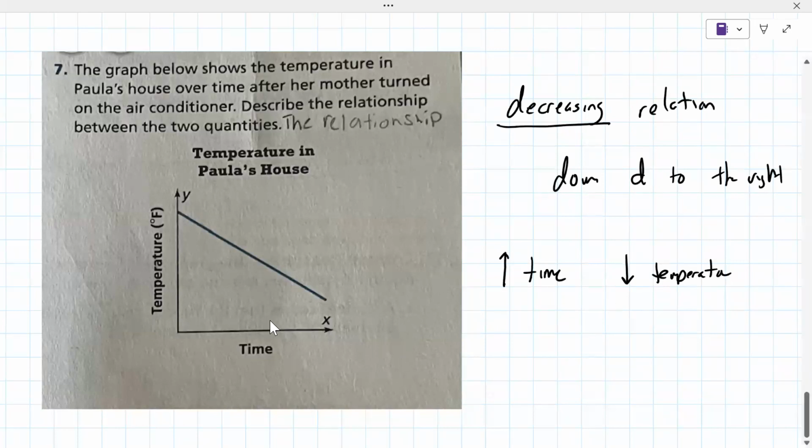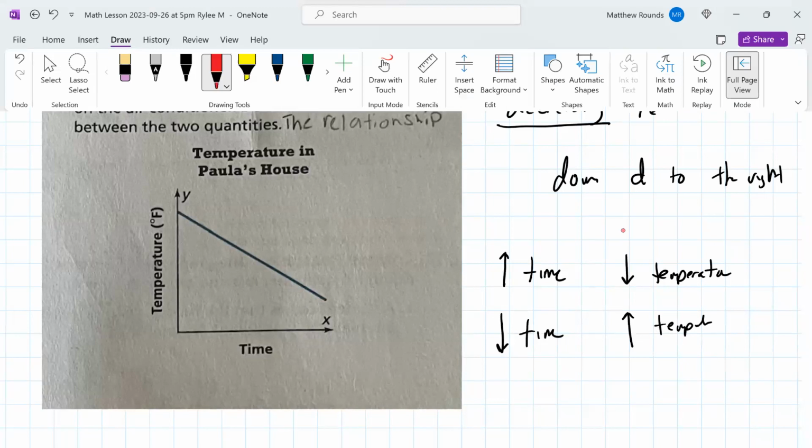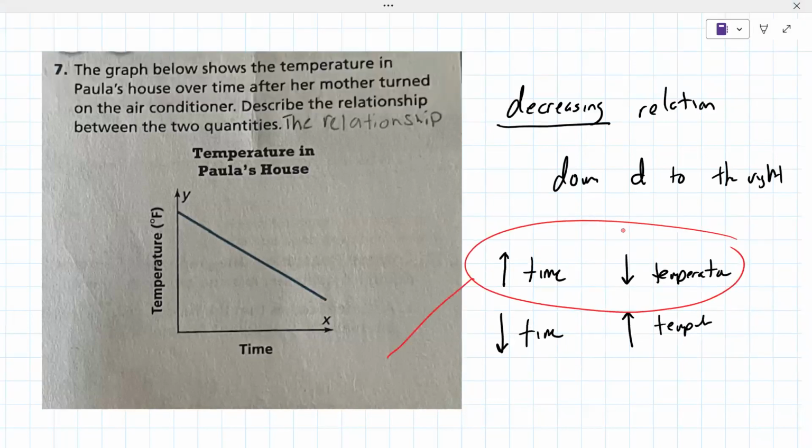So as you go to the right, as time goes up, temperature goes down. Now it's also the case that if time goes down, temperature goes up. These arrows are meant to represent the two possibilities. So when it says describe the relationship between the two variables, what your teacher wants you to do is pick one of these, maybe the top one, and write a sentence.